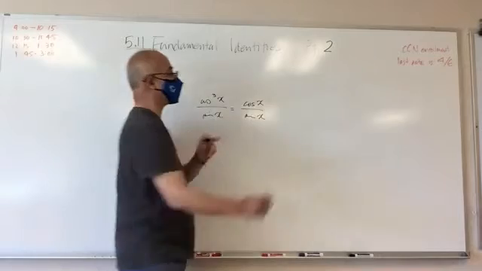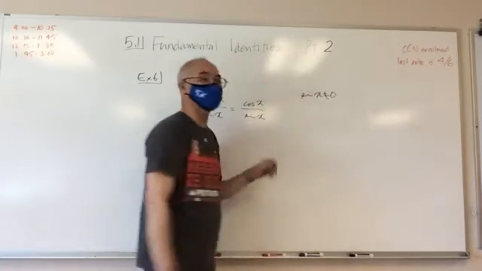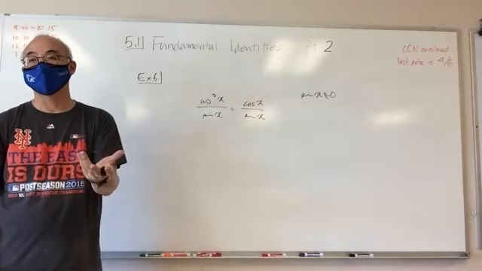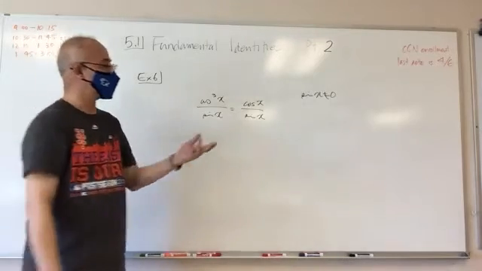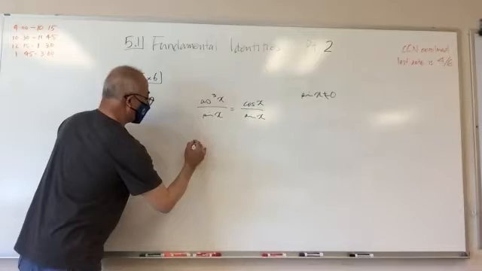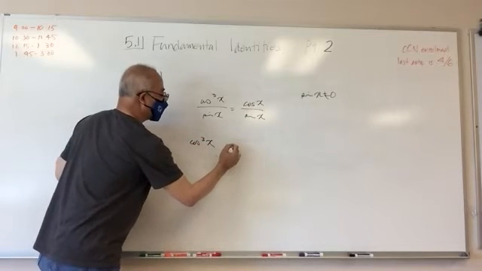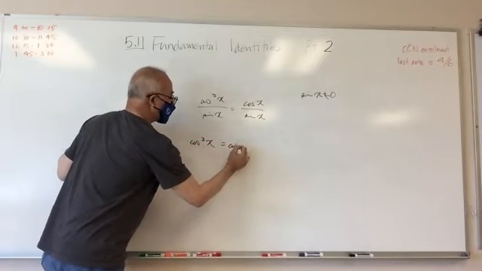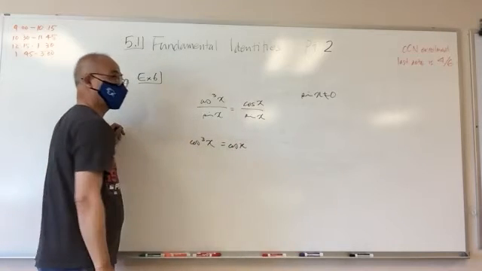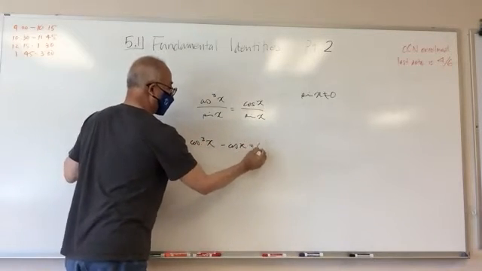You're assuming that sine x is not equal to 0, correct? Because if it's 0, you can't do that, right? So just keep this in the back of your mind. Okay, we're assuming that. So we do that, we're going to end up with cosine cubed x is equal to cosine x. So you move this over here.